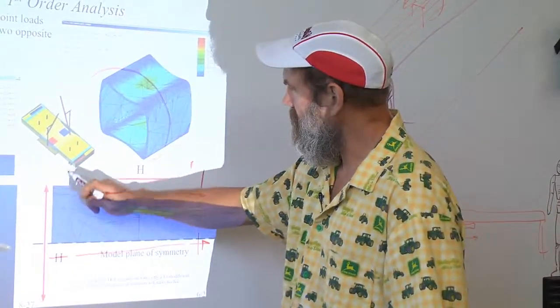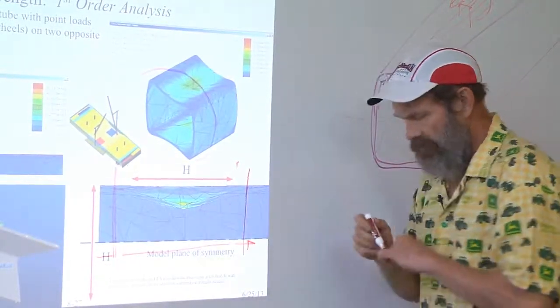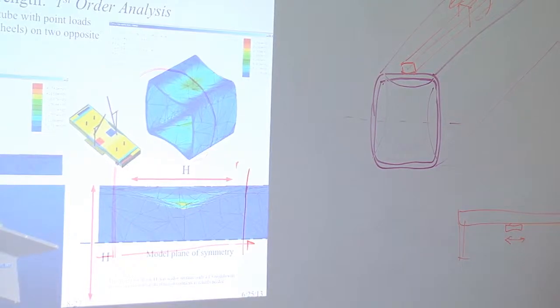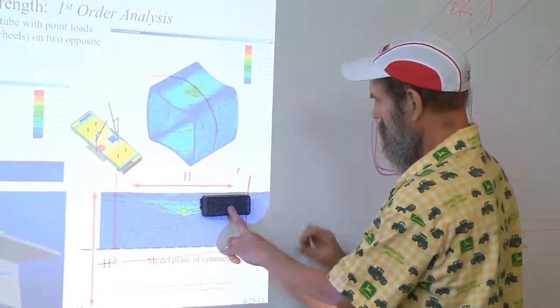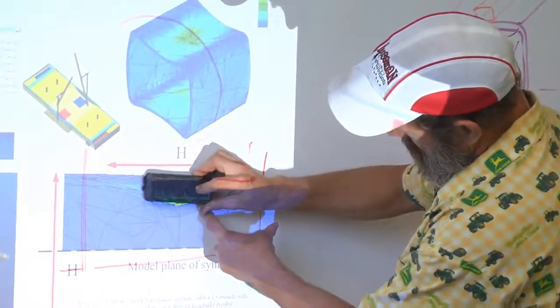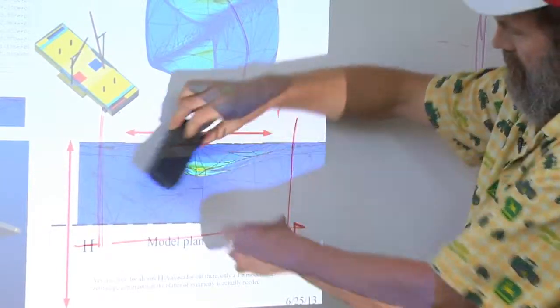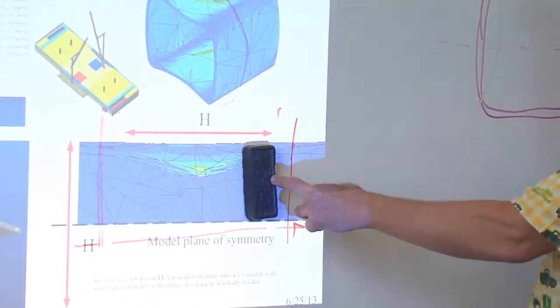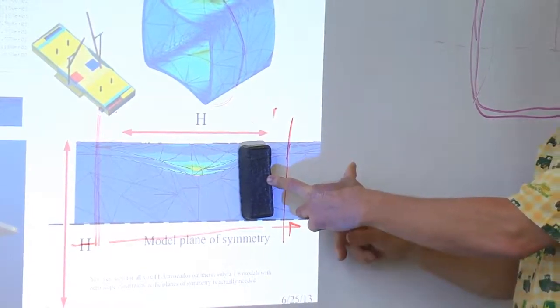A little more accurate. I like that. So what is happening here? This is 1, 2, 3 erasers long and 1 eraser tall. Hey, St. Venant's principle, baby.